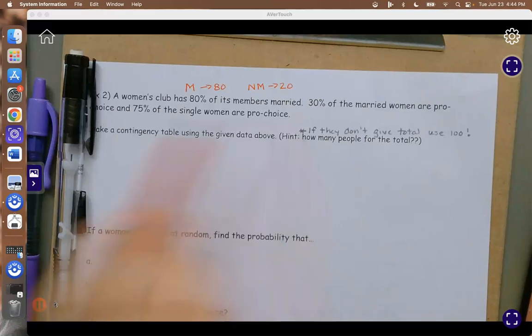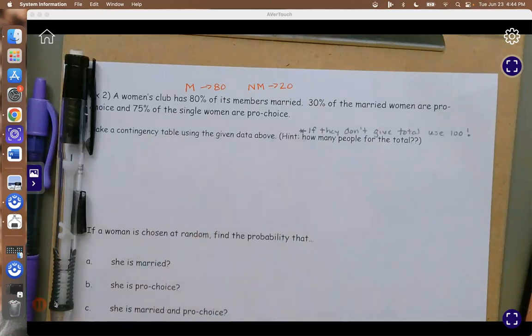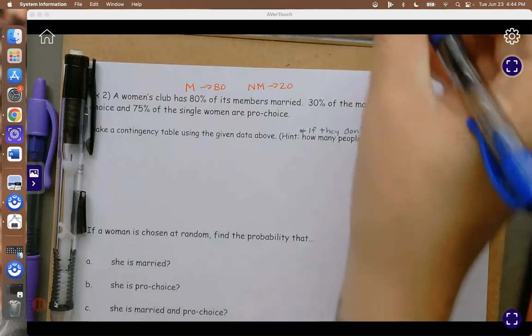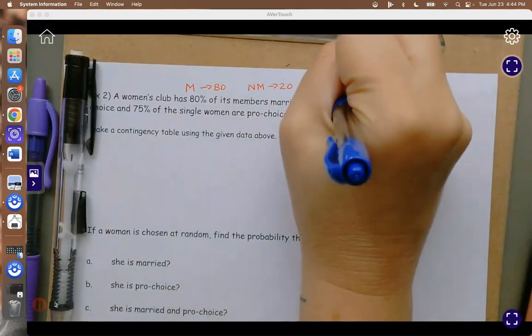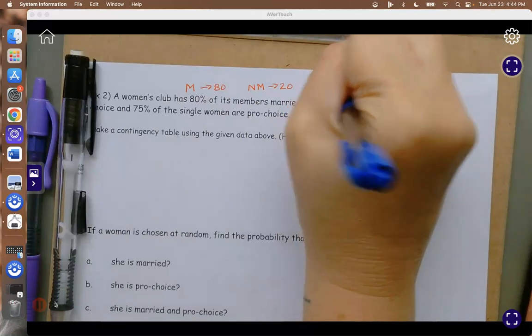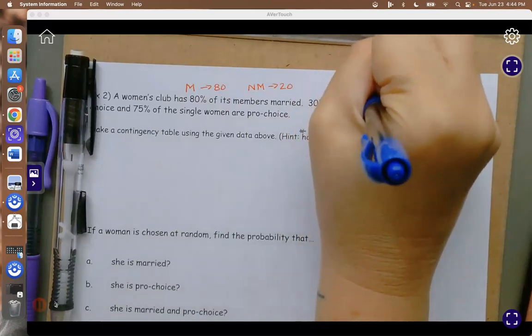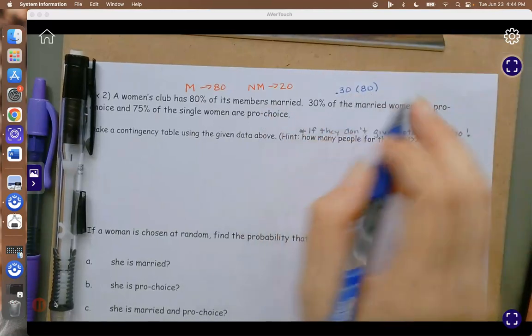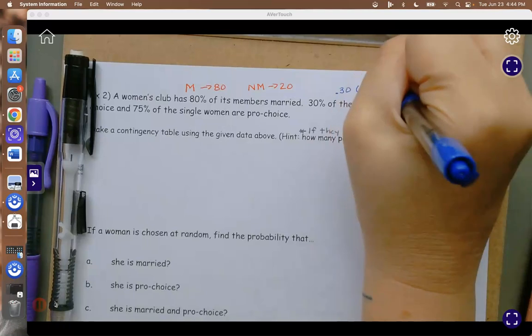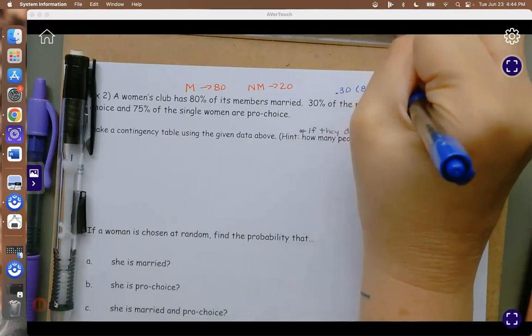Okay. Then it says the percentage of the married women are pro-choice. So 30% of that 80, 30% of the 80 are pro-choice. When you multiply that, you get 24.